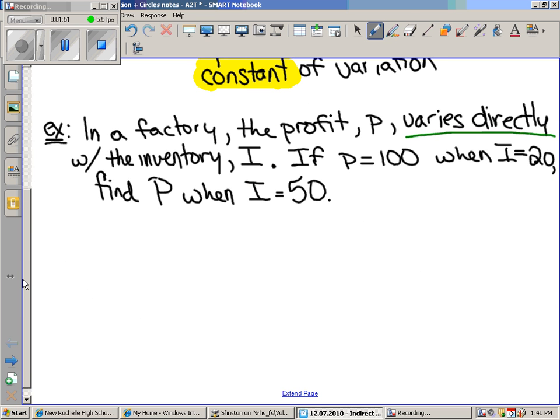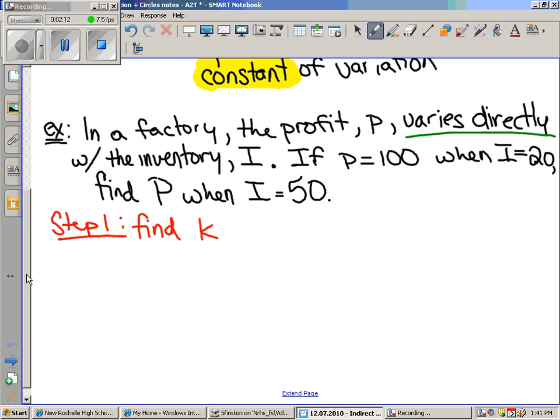Can I show you the way that I've been taught and I normally use it? Step one. The problem says if P equals 100 when I is 20, find P when I is 50. Well, the first thing we have to do is find k.